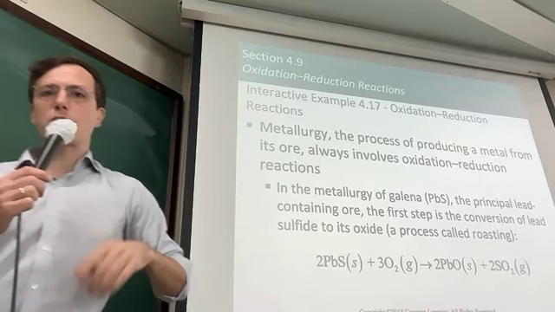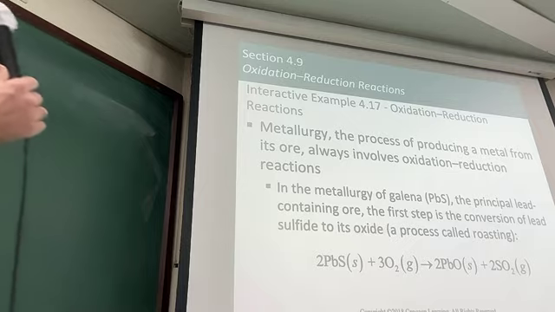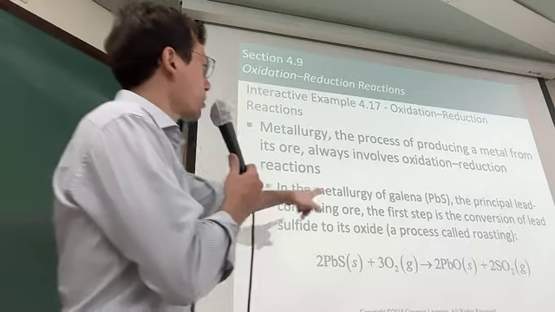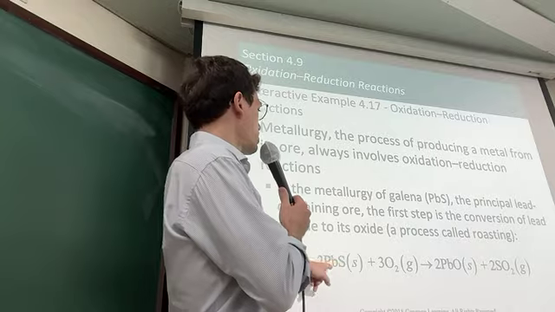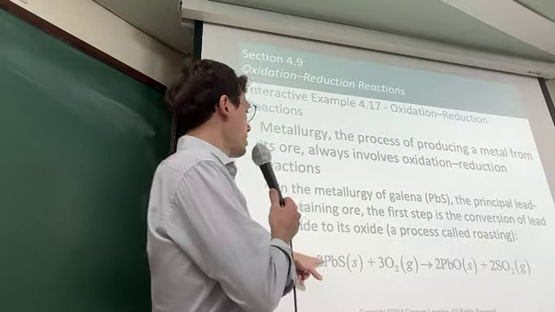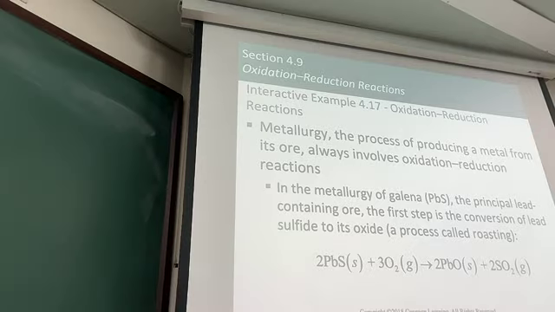Okay, so let's do some examples. This is an example from metallurgy, the process of producing a metal from its ore, which always involves these redox reactions. So we have here an example of galena, which is lead sulfide. And this is the principal lead-containing ore.